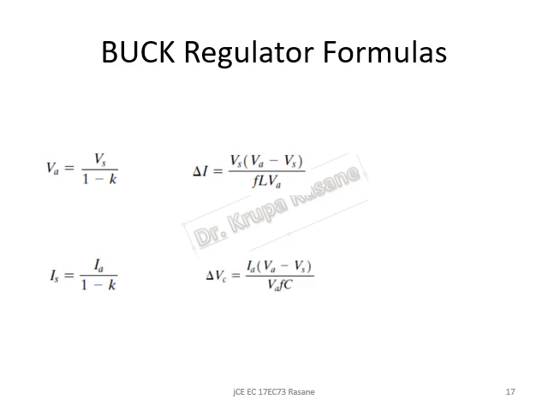Similarly, we have the ripple voltage, which is equal to Ia into (Va minus Vs) upon Va F into C. And we have the critical inductance value, which is equal to K into (1 minus K) into R upon 2F. And we have the critical capacitance value C equal to K upon 2FR.